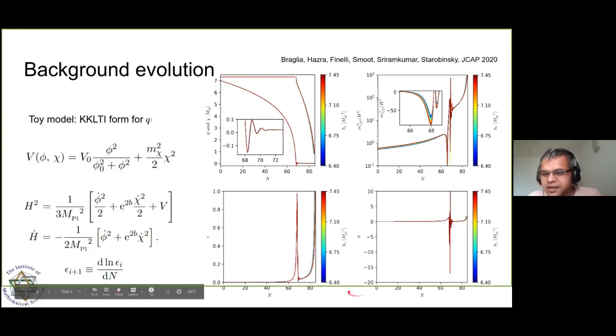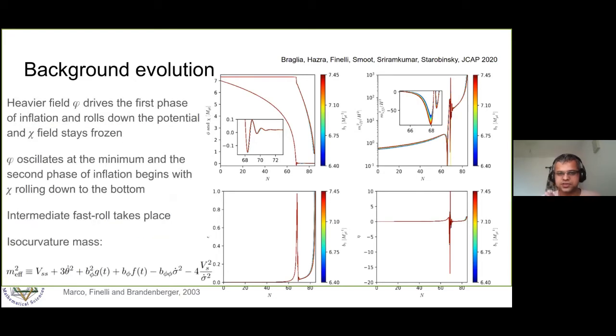So the second slow roll parameter is given by this parameter eta, and you can see that here also it actually departs from the slow roll. And one important point to note here is the effective mass of the isocurvature perturbations. So if you have inflation with two scalar fields, you can have curvature as well as isocurvature perturbation.